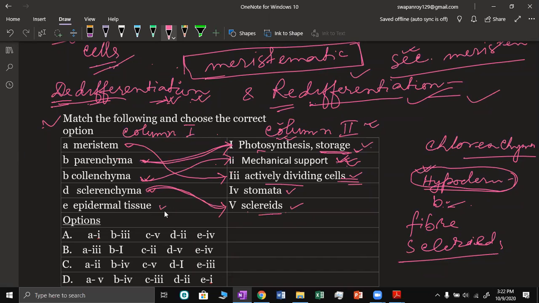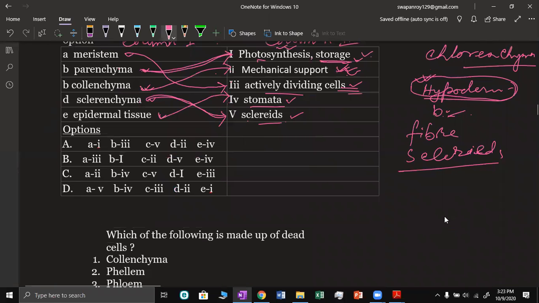And epidermal tissue here will match with stomata because stomata is present in the epidermal tissue system. Stomata has guard cells. Guard cells are modified epidermal cells, so it comes under epidermal tissue.